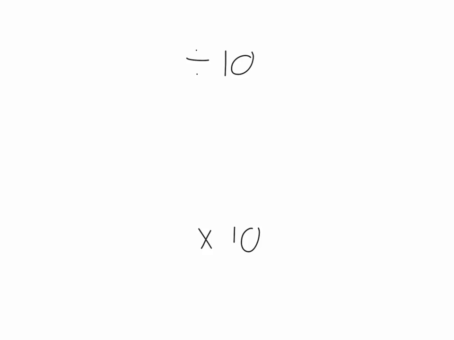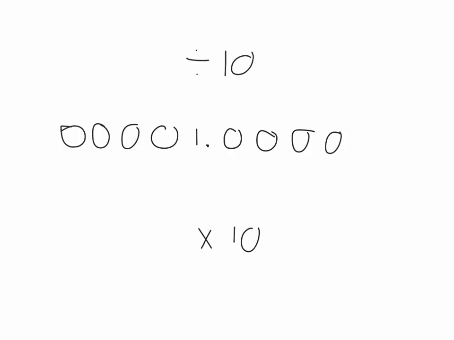Okay, so we'll take the number 1, which is really 1.0000000. Now, when we're saying the number 1, we don't often say 1.000. We don't need to say that.